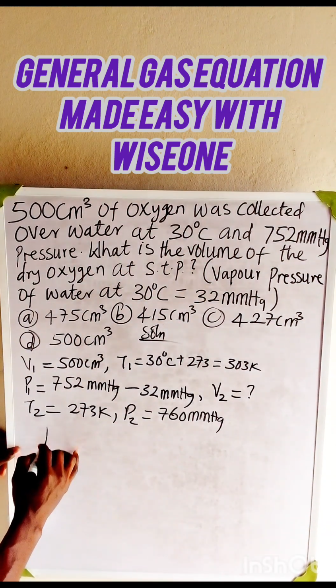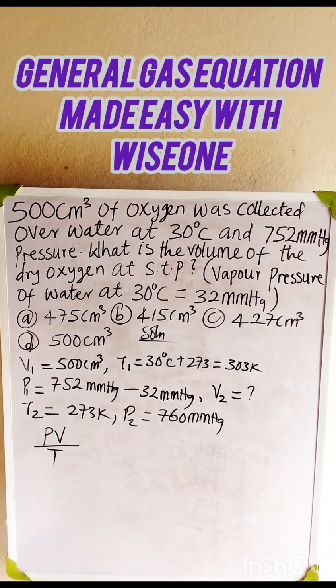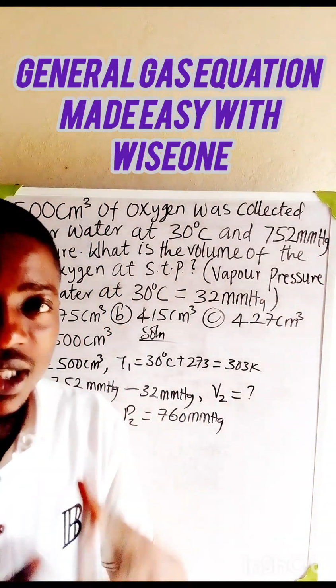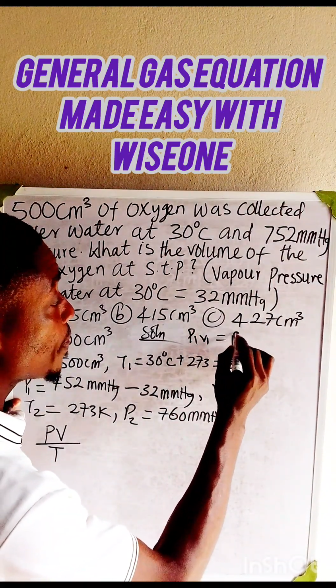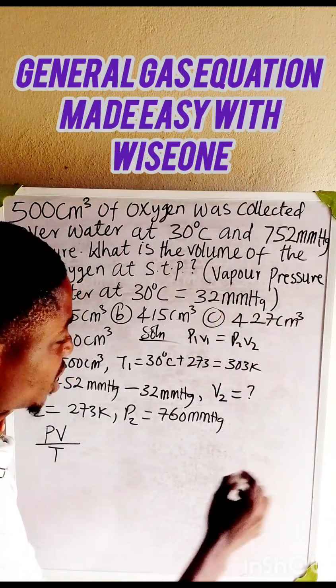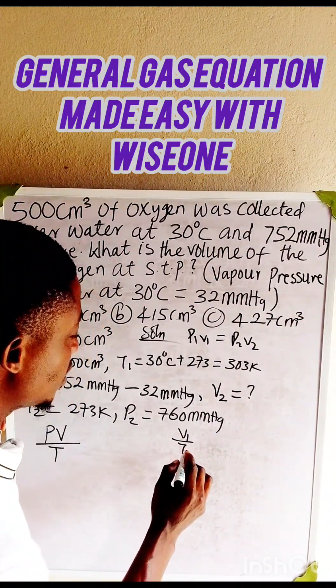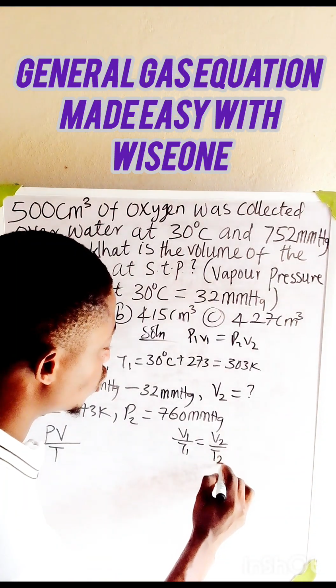Here is the mathematical formula, PV all over T. Just like Boyle's law that we stated as P1 V1 equals P2 V2, we also stated that Charles' law is V1 over T1 is equal to V2 over T2.